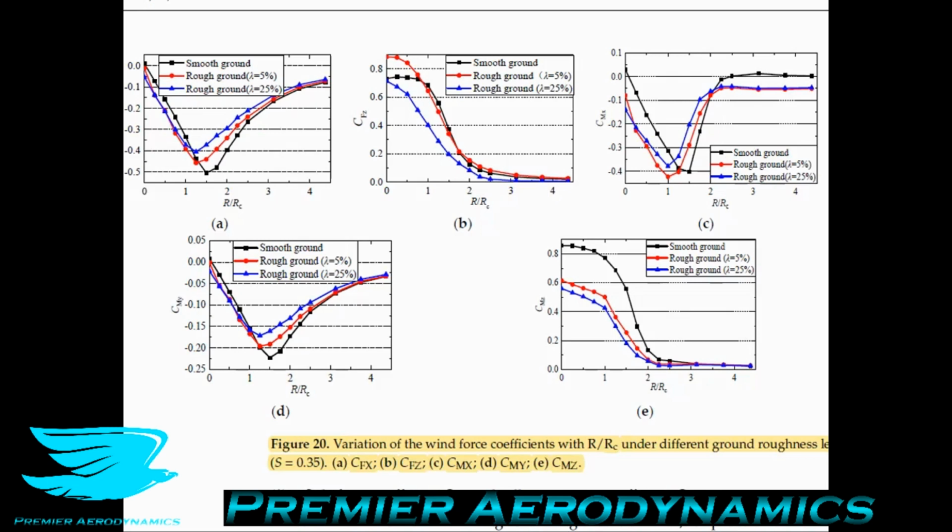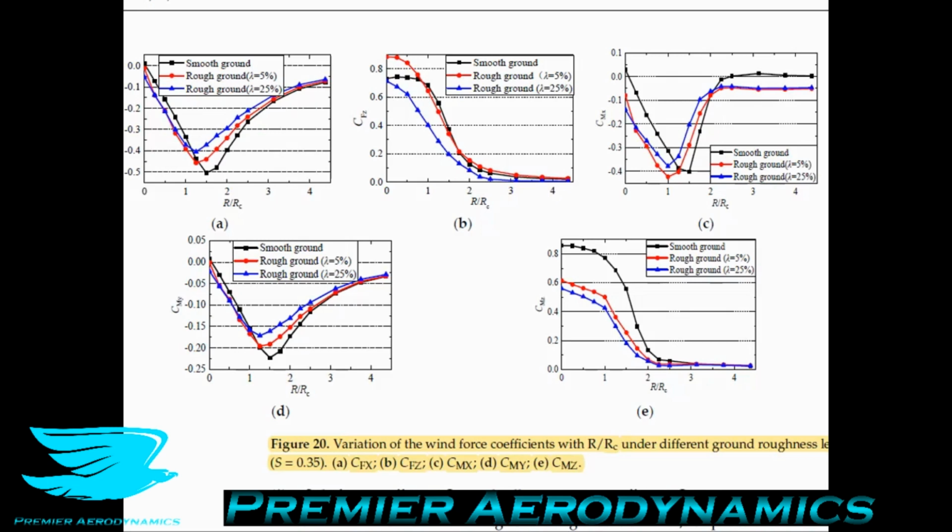So in other words, the greater the roughness, the closer you have to get to the tornado center to get the maximum pitching moment, which is similar to the lift coefficient in some respects. Or was it the side force coefficient? Sorry, the side force coefficient and the rolling moment coefficient. So the closer you get to the vortex center, the side force, rolling moment and pitching moments all increase, effectively reaching their maximum.